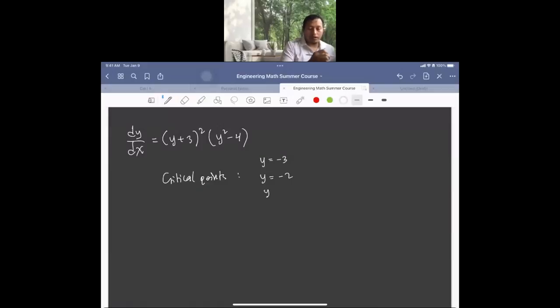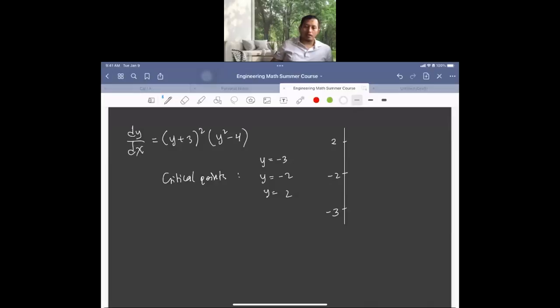So y is -3, y is plus minus 2, right? So -2 and 2. And then we can set up the phase portrait. So let's say this is 2, this is -2, -3. Okay.